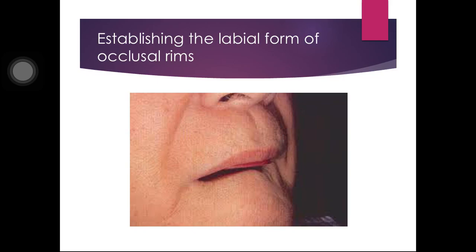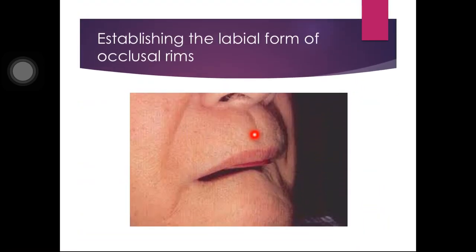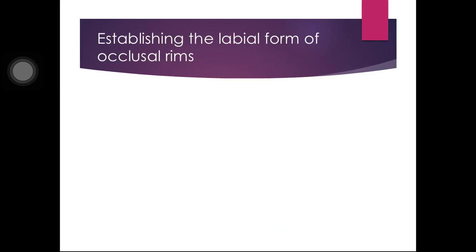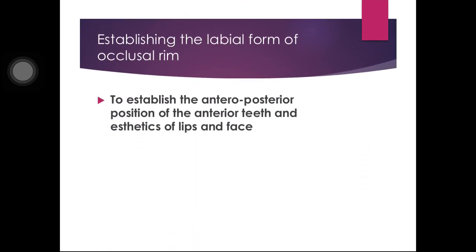So there is one of three situations: either there will be a labial fullness, or there will be a deepening of the labial lip form, or there will be optimum aesthetics of the patient. We will see here how to establish the anterior-posterior position of anterior teeth and aesthetics of lips and face.